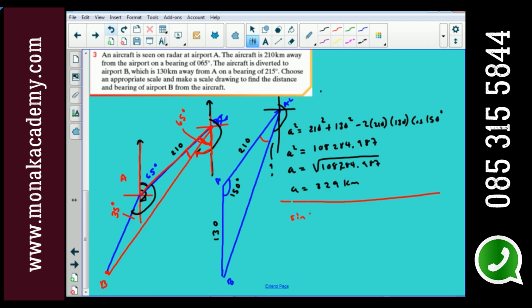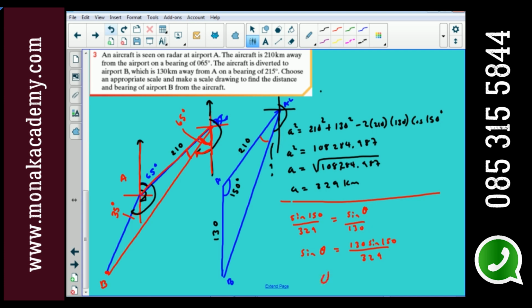Sine 150 over 329 equals sine theta over 130, right? So sine theta equals 130 sine 150 over 329.